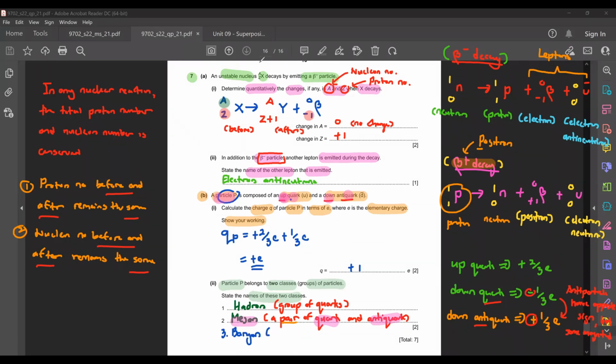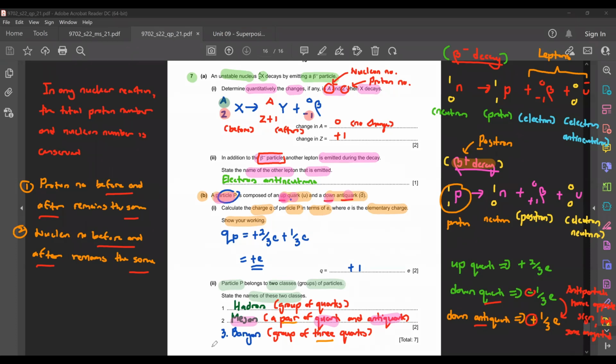Now, a baryon is just a group of three quarks. So you see three quarks grouped together to form one particle. That one would be known as your baryon.